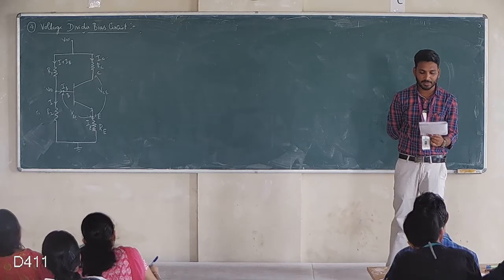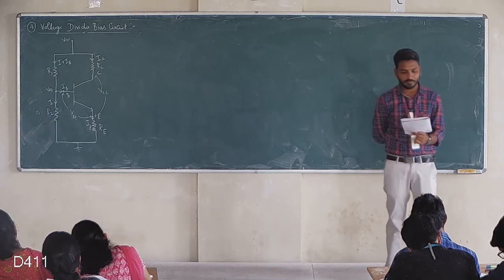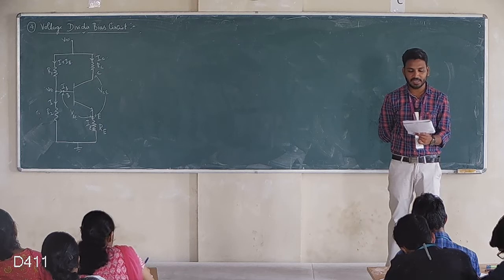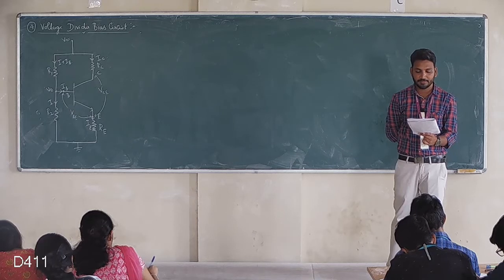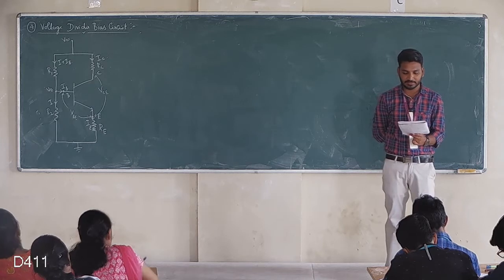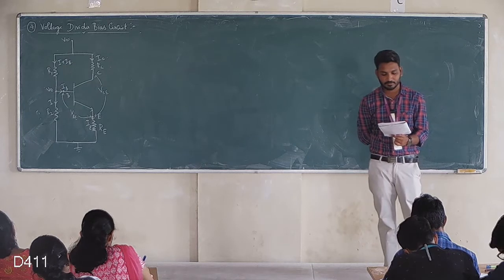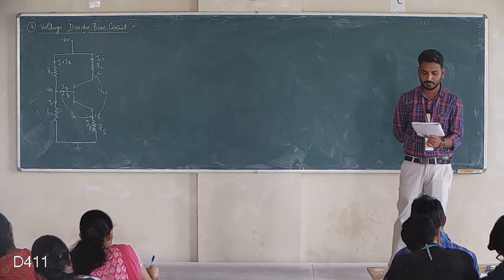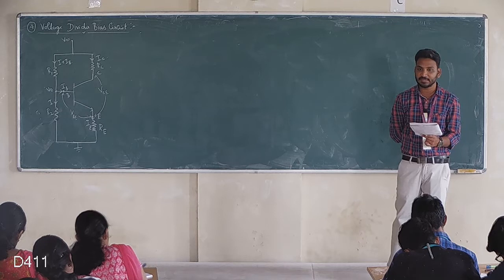Due to temperature dependence, the collector current IC increases, and the emitter current also increases. That will affect the base current.